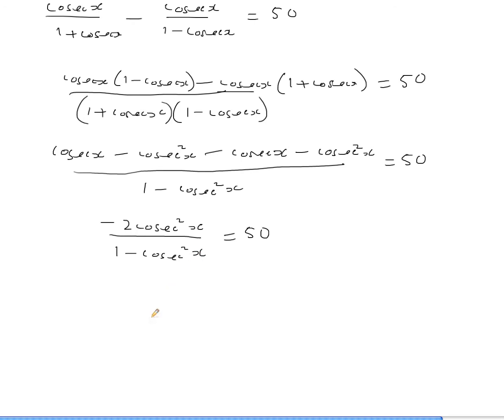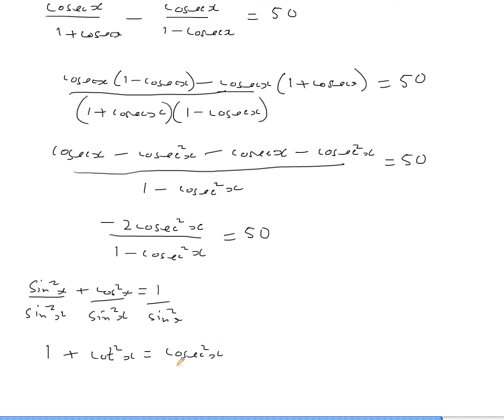Right, now we can make use of an identity, and we get 1 plus cot squared x is equal to cosec squared x. So on the top we're going to have 2 minus 2 cosec squared x, and underneath we're going to have cot squared x, aren't we?